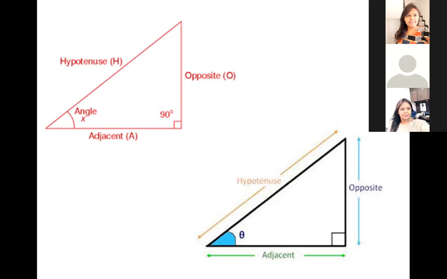The remaining two sides depend on their angles. So if any triangle has a 90 degree angle, it always represents the Pythagoras theorem. And the Pythagoras theorem depends on the hypotenuse, opposite, and adjacent sides.